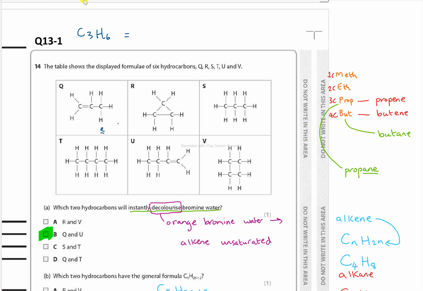Right, so you've got a ratio of 1 to 2. So CH2, that one's okay. Look, for every 1 carbon, 2 hydrogens, 1 carbon, 2 hydrogens, 1 carbon, 2 hydrogens. So that's got CH2.